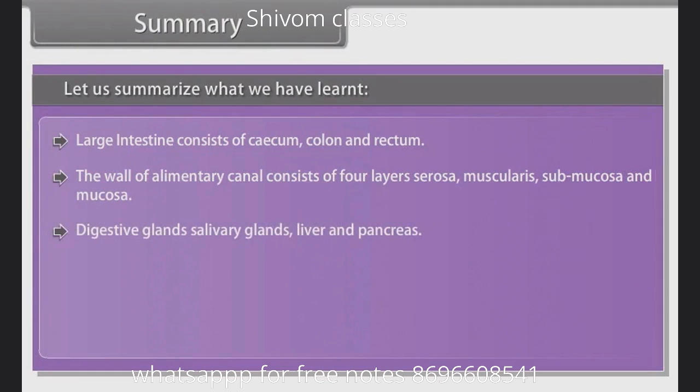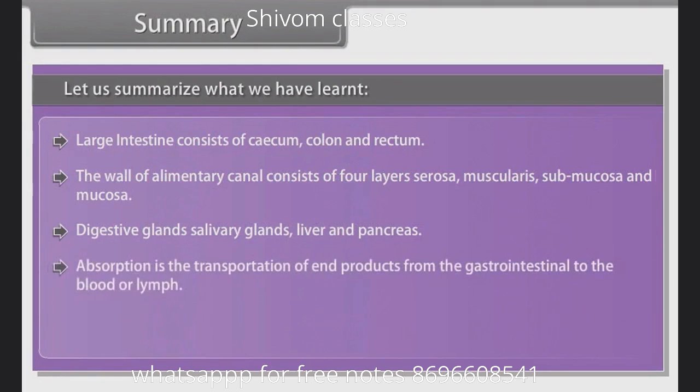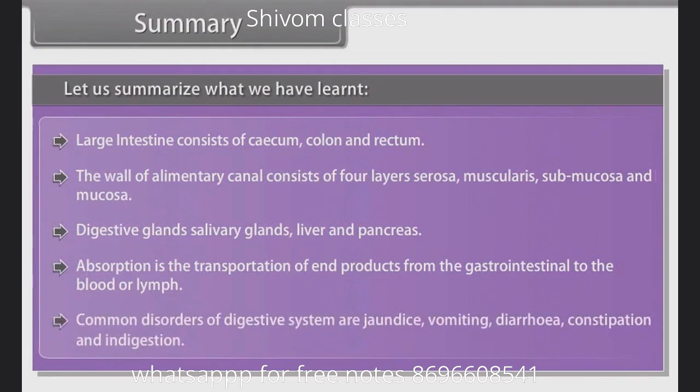Digestive glands: salivary glands, liver and pancreas. Absorption is the transportation of end products from the gastrointestinal tract to the blood or lymph. Common disorders of the digestive system are jaundice, vomiting, diarrhea, constipation and indigestion.